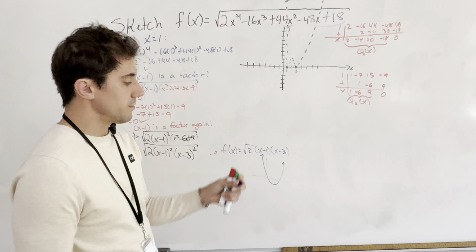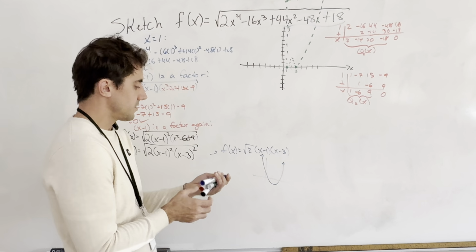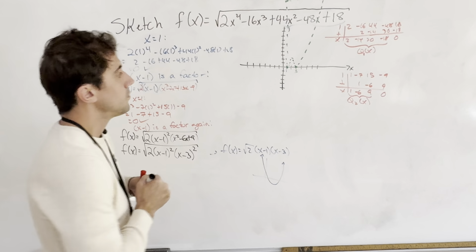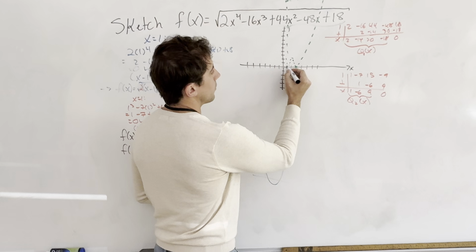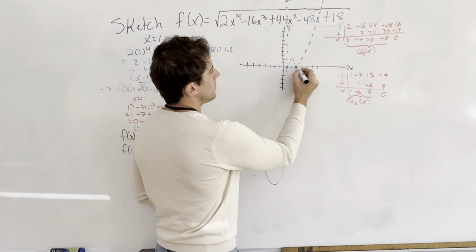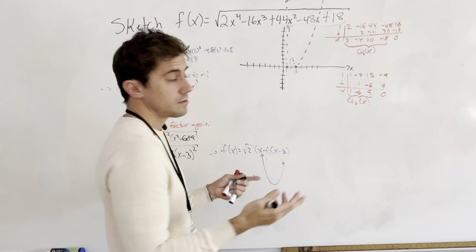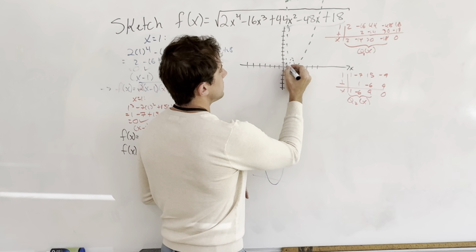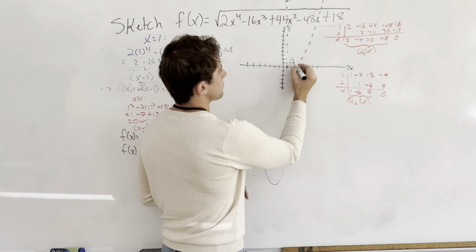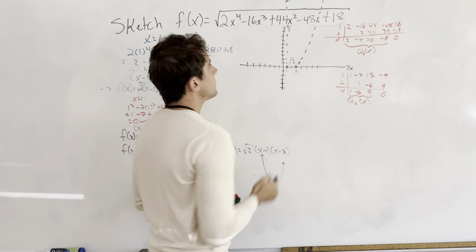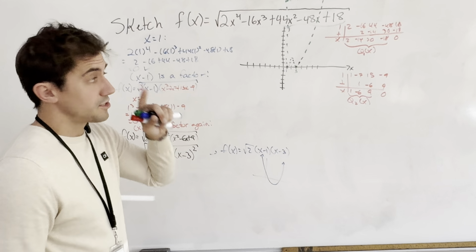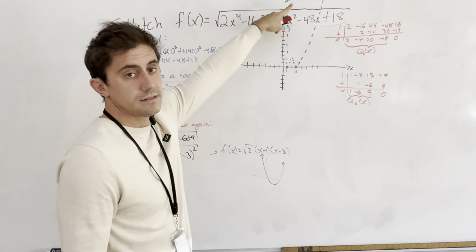If we take the square root of this, it's going to look something like, we'll have invariant points where y is equal to 0 and where y is equal to 1, right? We can make our best estimations, something like this. Okay. We know that our y-intercept would be at the square root of 18, right?